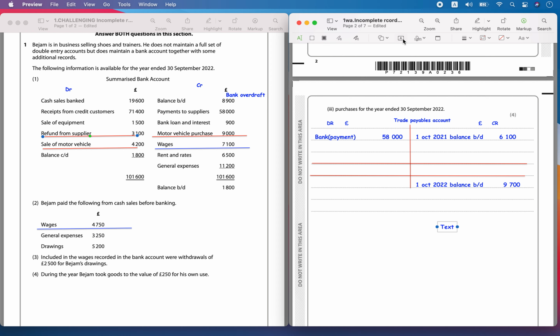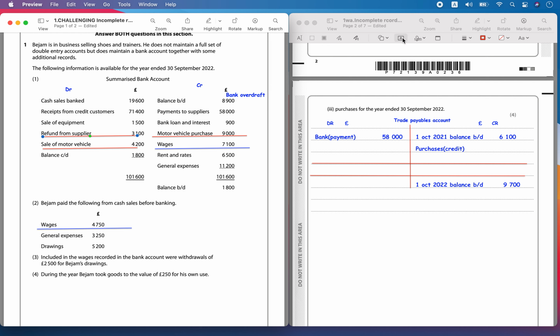We would have made some purchases on credit from the supplier, and there was some payment made, so the supplier gave some refund.